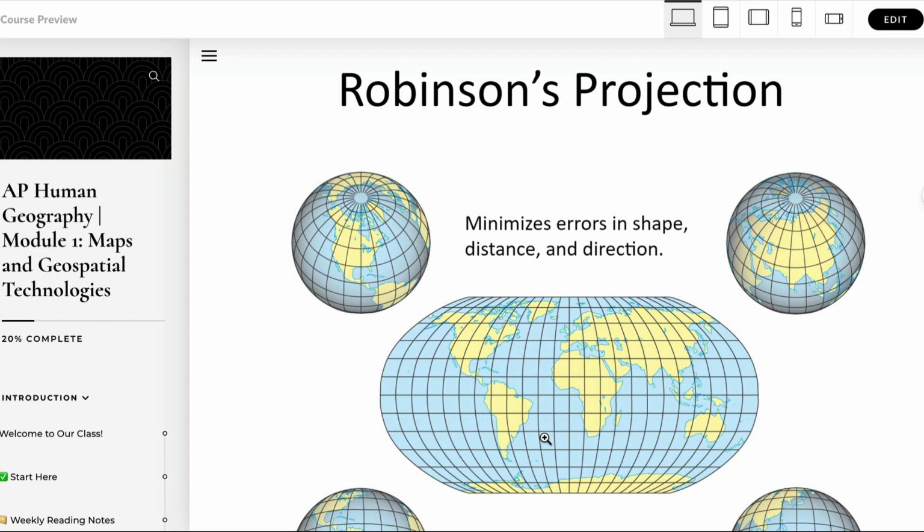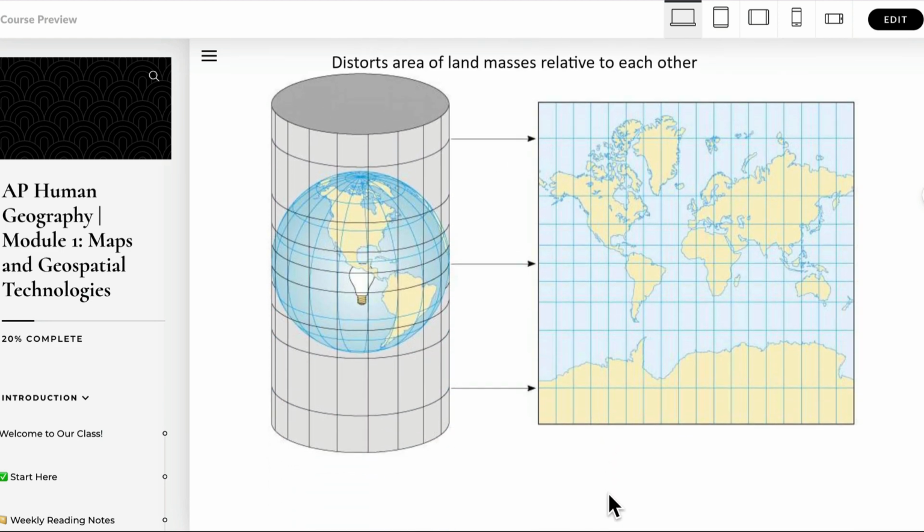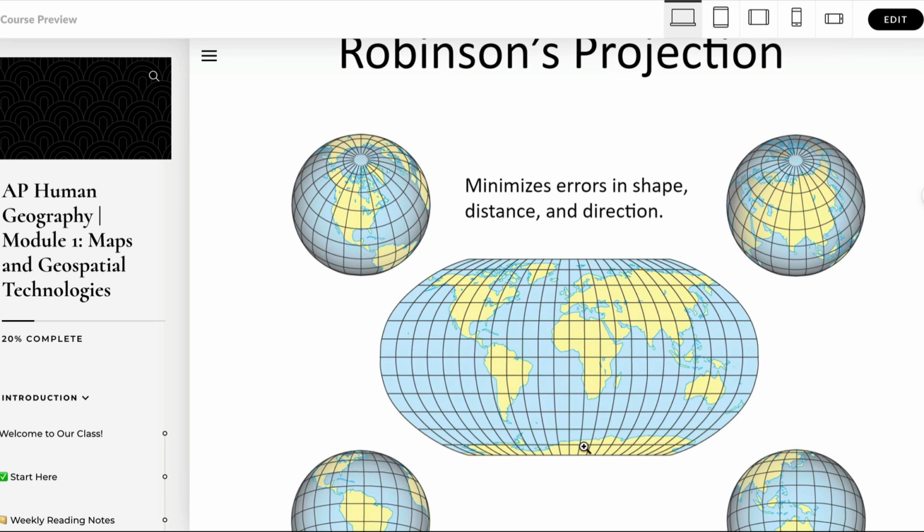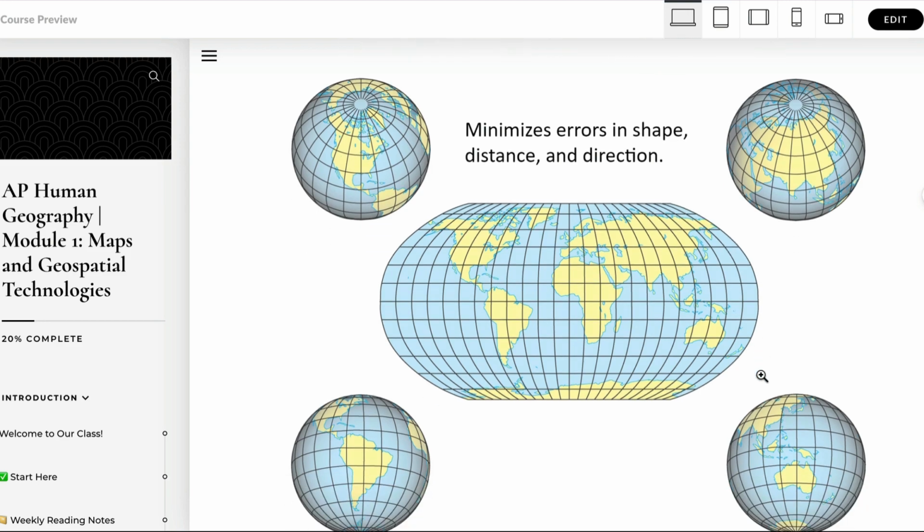Robinson, you can remember as the most well-rounded. When you see Mercator, you'll usually see it represented as a square, and it's usually used for navigation. Whereas the Robinson projection is well-rounded and typically does have rounded edges.